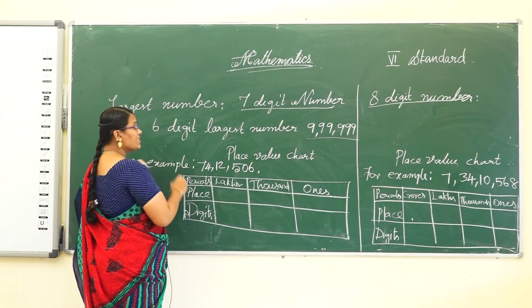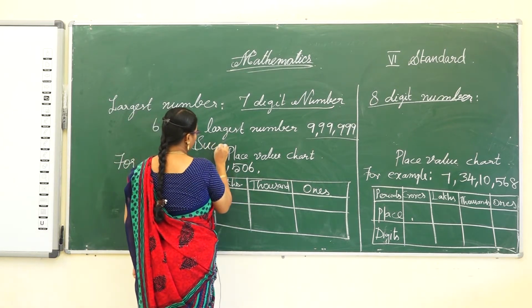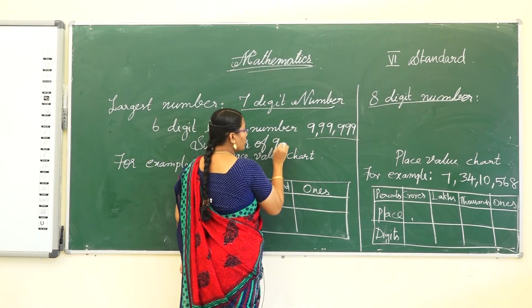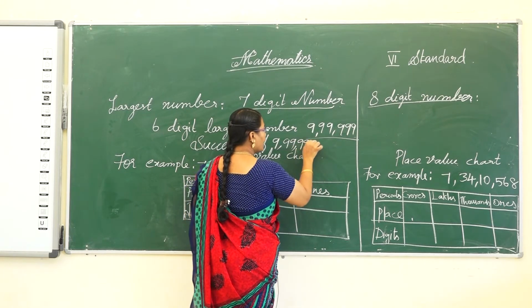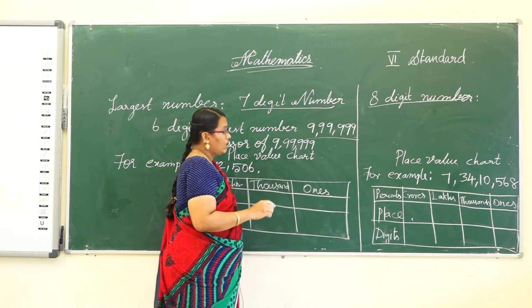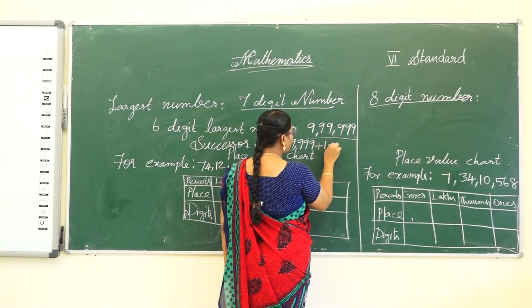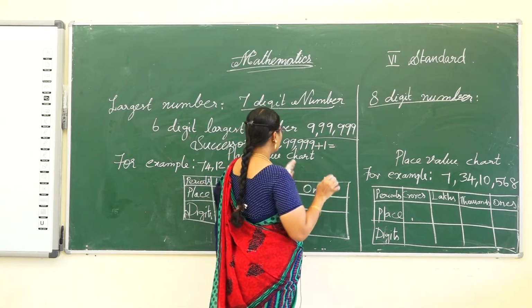And next, what is the successor of the 6-digit number 9,99,999? What we do is add 1 to the given number. So add 1. What we get? We got the smallest 7-digit number.